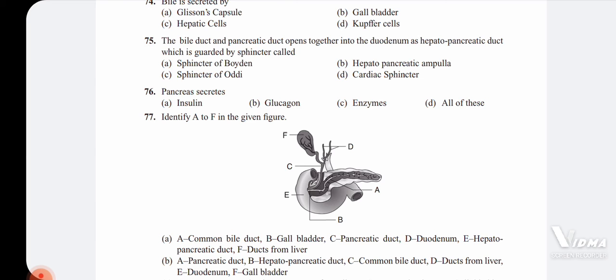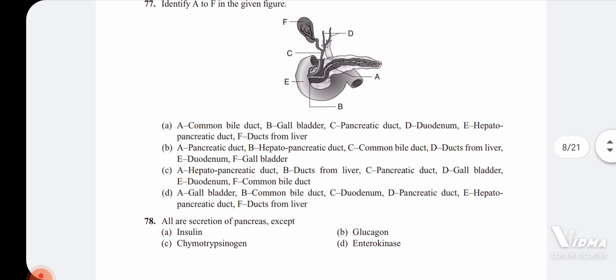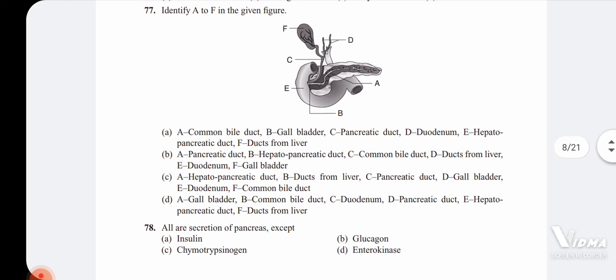So for the 76th question, the answer is all of these. Next, 77th question, identify A to F in the given figure. Here you need to observe the options, where the diagram shows the duct system of the gallbladder, liver and pancreas. Here they have made the labelings of that diagram as A, B, C, D.